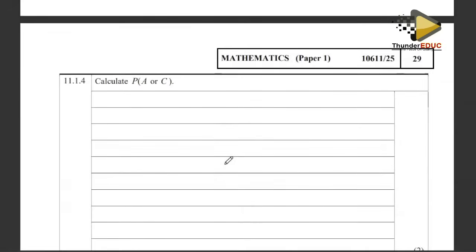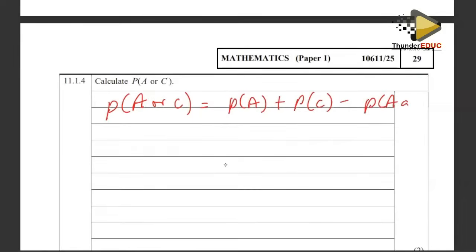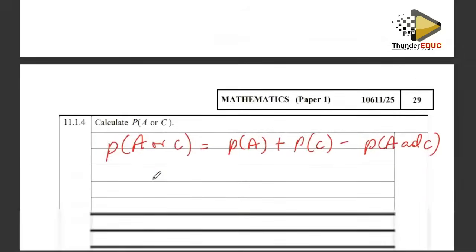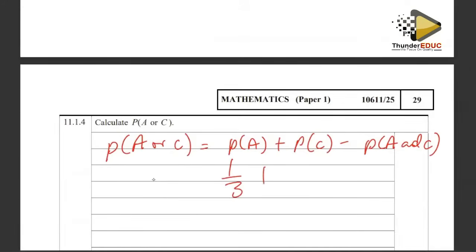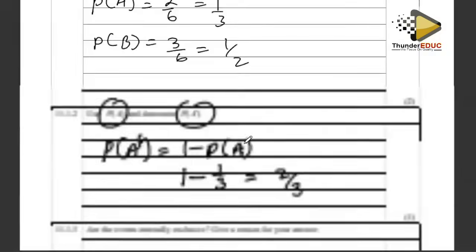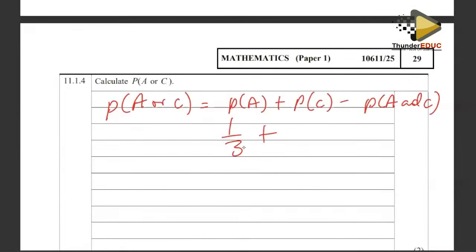Okay, then calculate the probability of A or C. So probability of A or C using the addition rule is going to be probability of A plus probability of C minus the probability of A and C. So what is the probability of A? We got 1/3. What is the probability of C? C has just one event, which is 1/6.